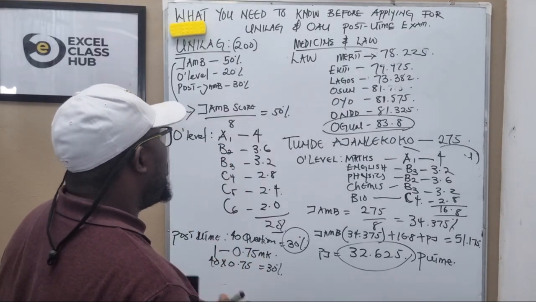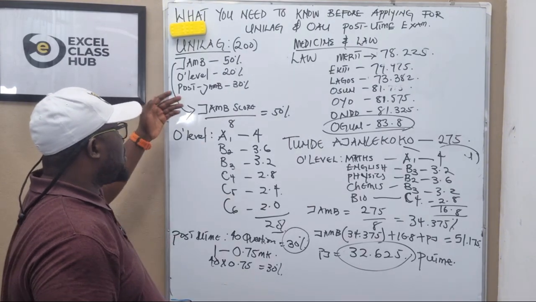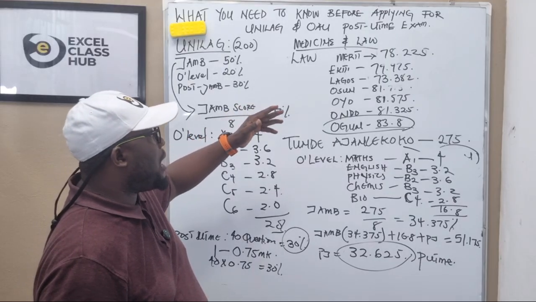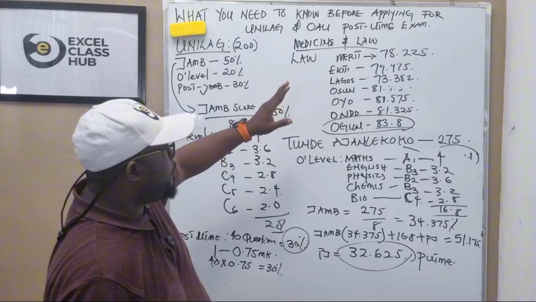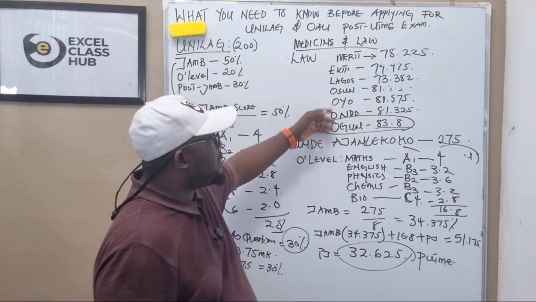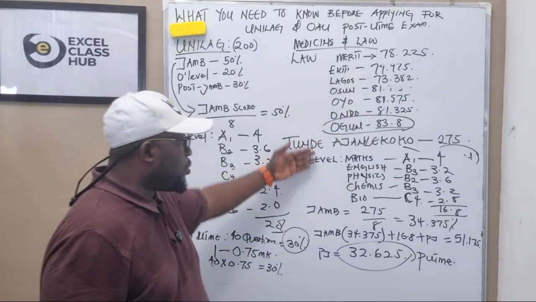So that's for law. So what you need to do as a student, get your JAMB score, look for your aggregate score for your course. Look for the cutoff of your course. If you are part of the catchment, look for the catchment aggregate and do your calculation.